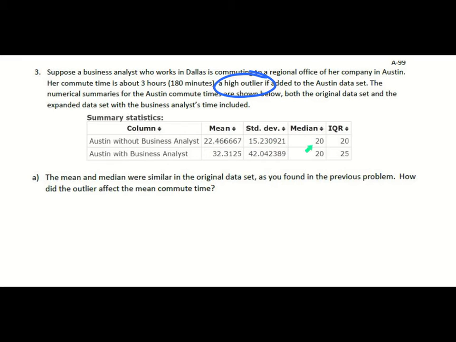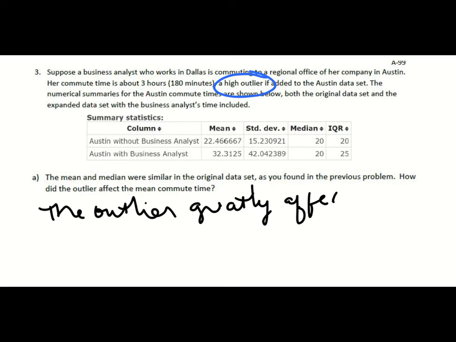But what happens when they put the business analyst in here? Once that business analyst was pulled in there, the mean got pulled farther away from the median. So the outlier greatly affected the mean.